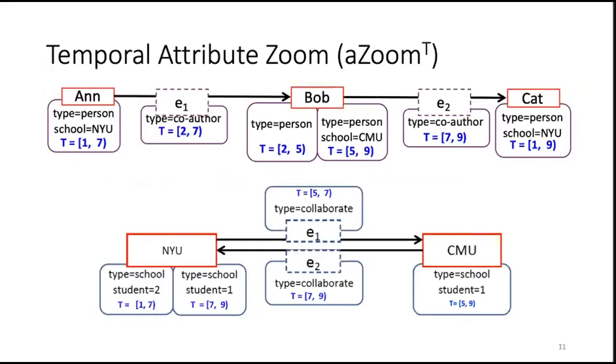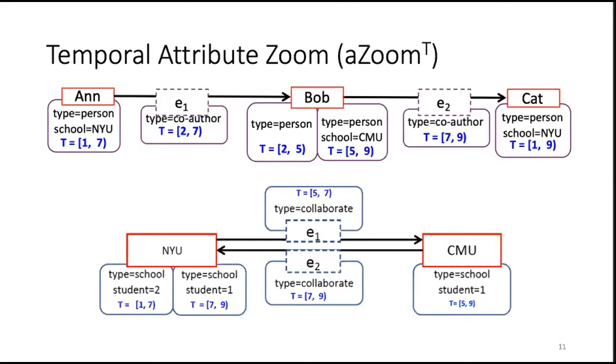Now let's look at a similar example for temporal attribute zoom over this T-graph. Here on top, you can see Ann, Bob, and Kat are members of NYU and CMU. On the graph on the bottom, you can see that we created school nodes from the school values.